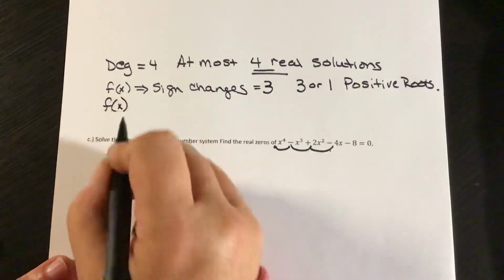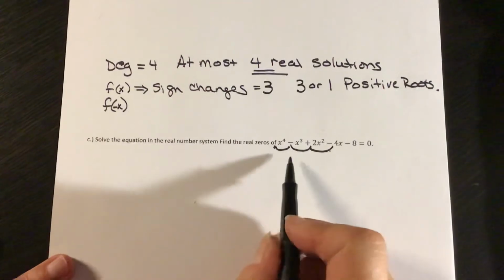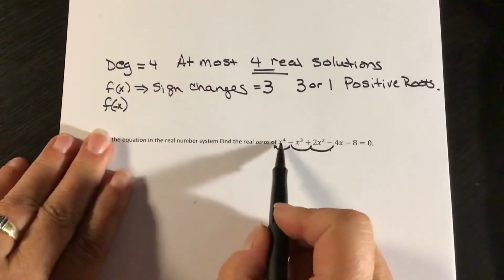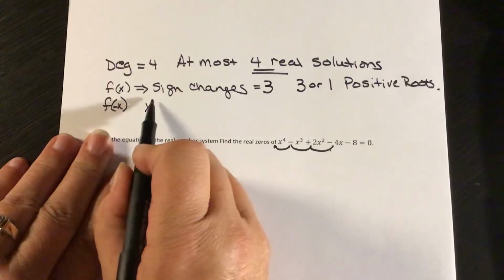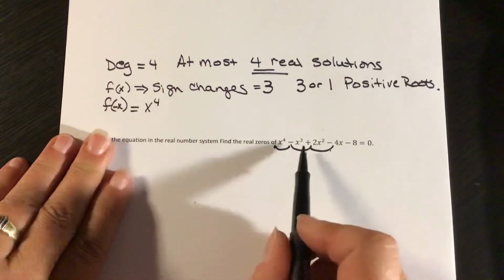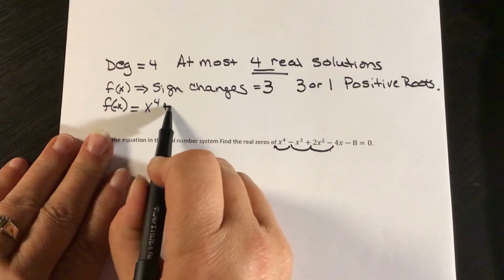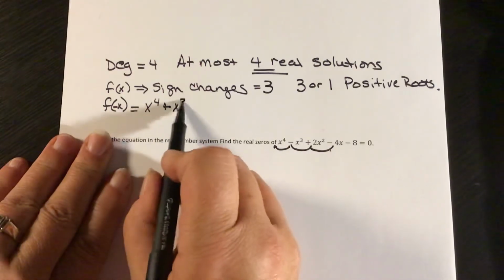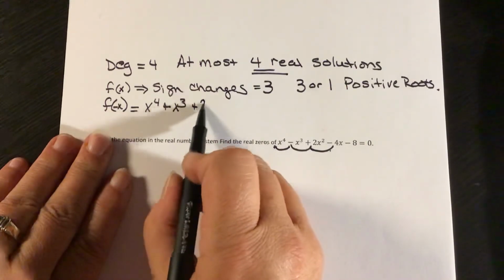Now I'm going to find f of negative x. First I'll rewrite this polynomial. Even exponent, my sign stays the same, so I have x to the 4th power. Odd exponent, I change the sign, plus x to the 3rd. Even exponent, sign stays the same.